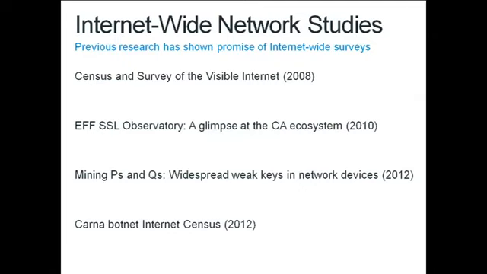So there have been a couple of other studies I should mention too, and these are, from my perspective, some of the more interesting works that have come out over the past 5 years. The first one on this list, Census and Survey of the Visible Internet in 2008, was a study of basically what addresses were connected and routable in the IPv4 space, not a security study.